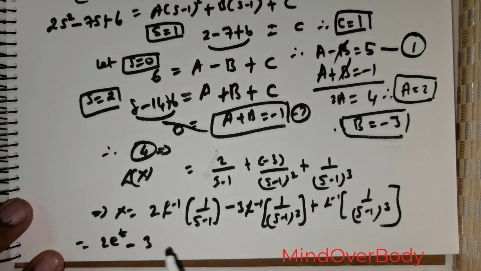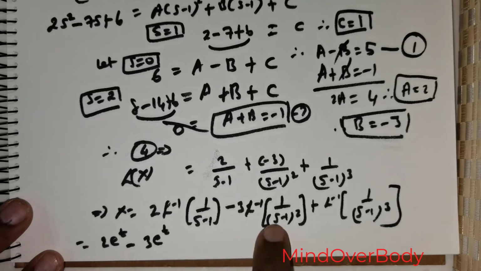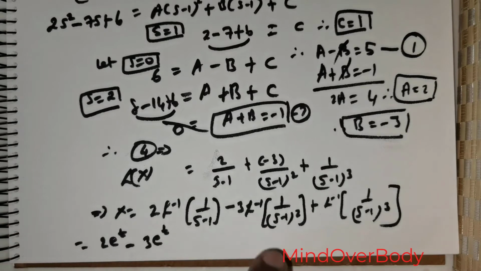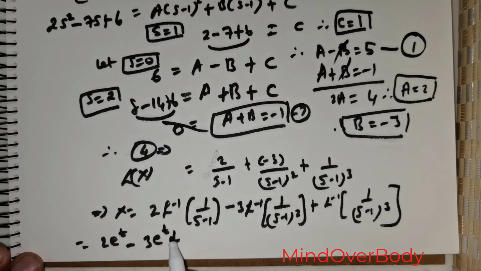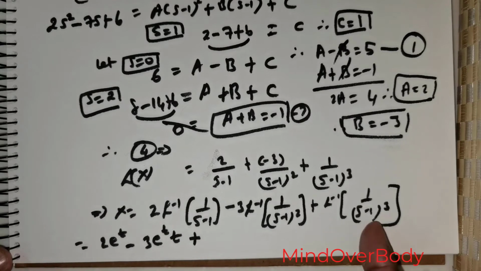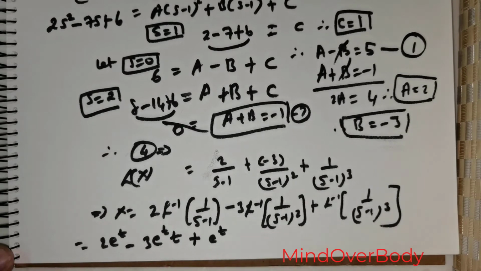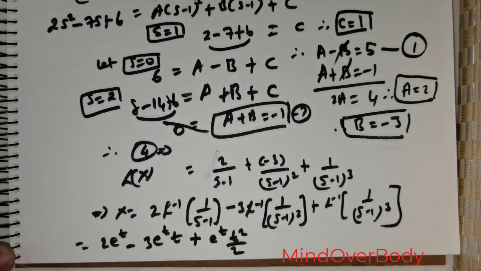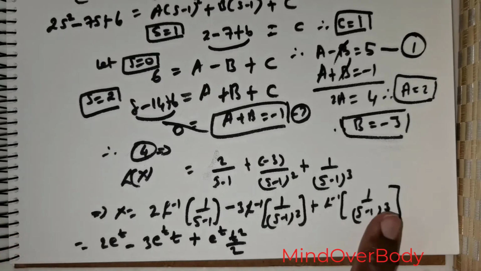By the shifting theorem you are going to get e raised to the power of t, but there is an s squared. So if it is s squared, we can apply the formula of t divided by 1 factorial, right? You don't have to write 1 factorial. Positive, this is going to be e raised to the power of t, and this is going to be t squared divided by 2, right?